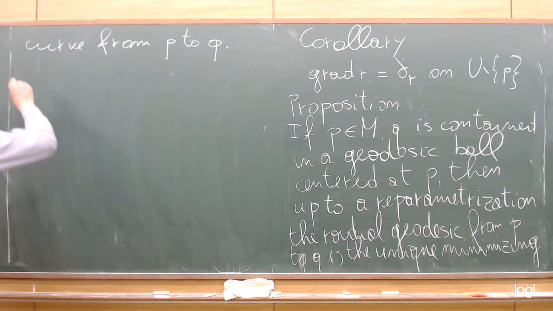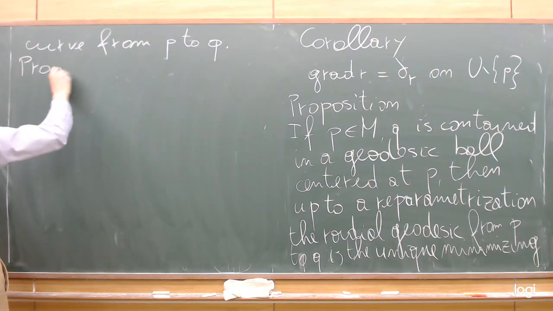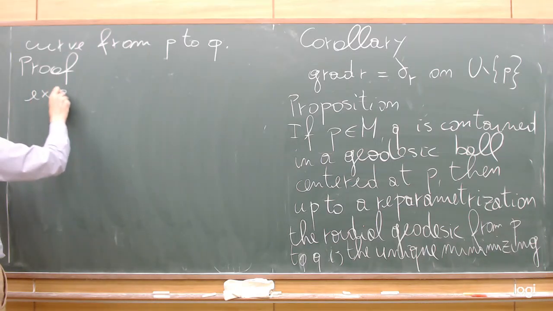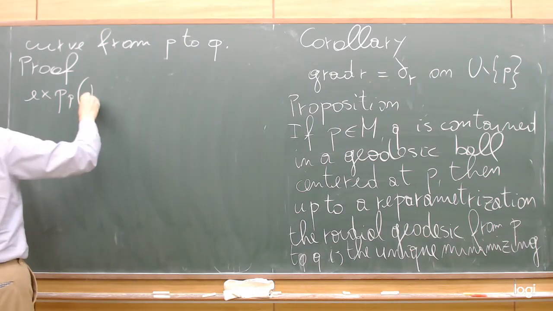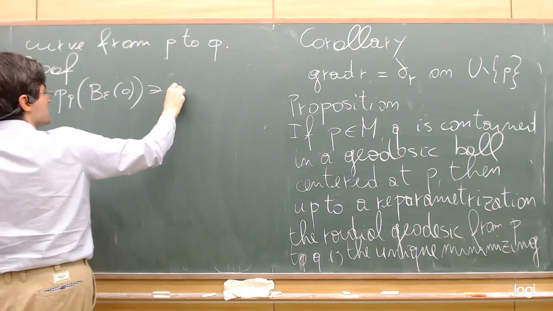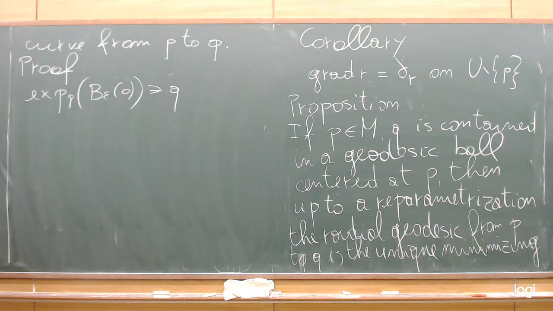How to prove these results? So suppose that the geodesic ball is this, and by hypothesis we have that Q belongs to this ball.